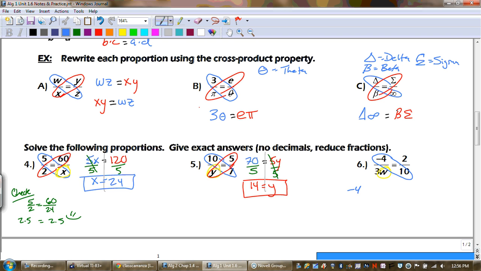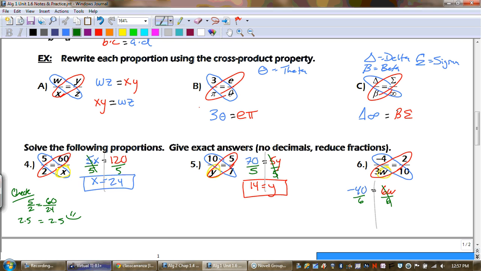Cross multiply, we get negative 40 equals, and even if there's a number out in front of it, we still have to multiply. We get 6w. Okay? Now, to get the w by itself, we have to divide by 6. And what you do to one side, you have to do to the other. And we're left with negative 40 over 6. And does that reduce?